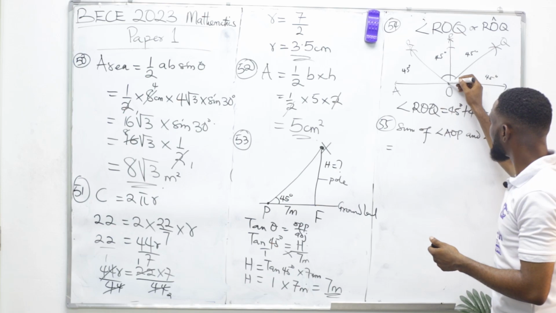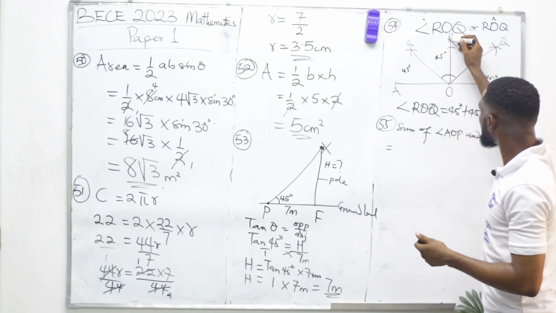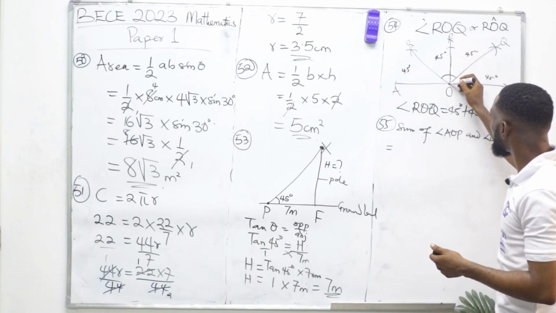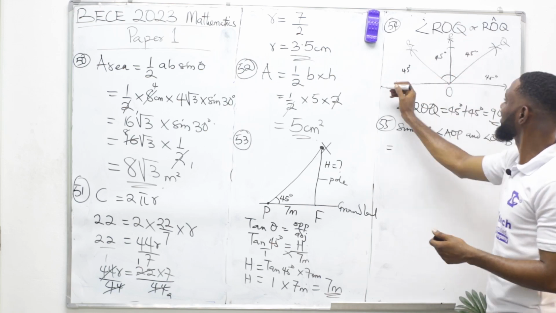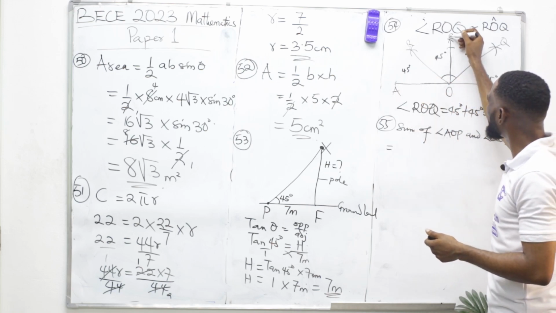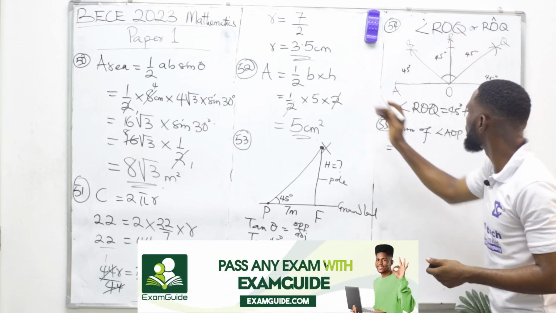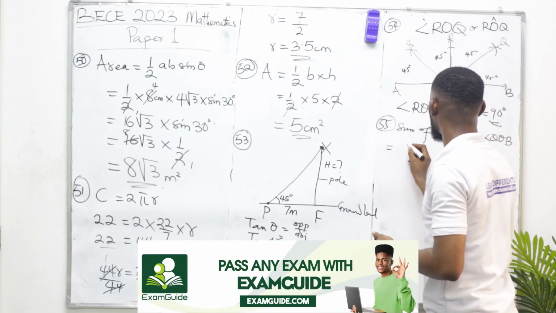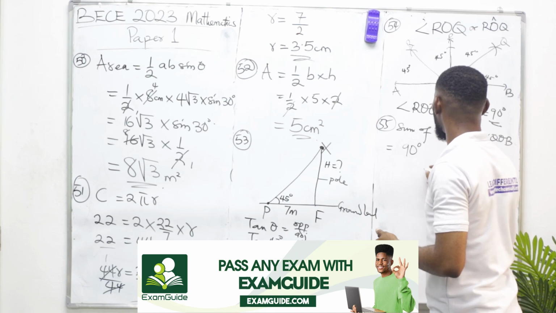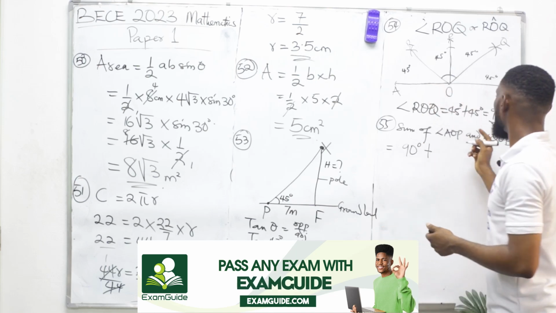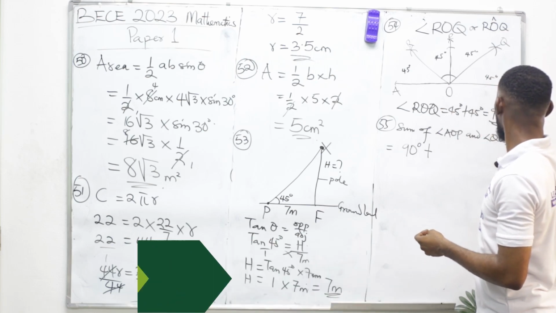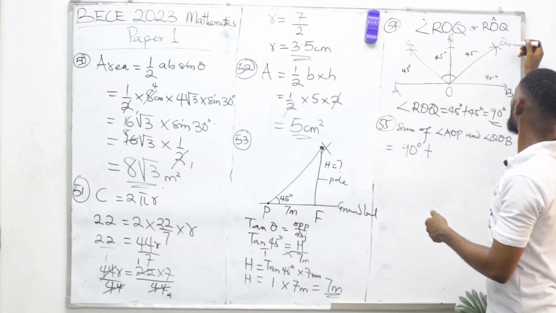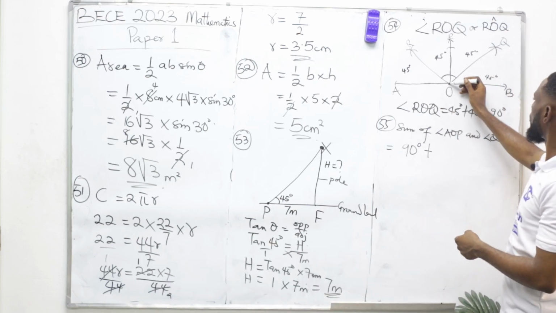Can you see? I'm tracing it now. This angle. And I know somebody can intelligently tell me what the size of that angle is. This is 90 degrees. This is a right angle. So we are dealing with the whole of this place. So AOP is equal to 90 degrees plus, now they say the sum of AOP and QOB.